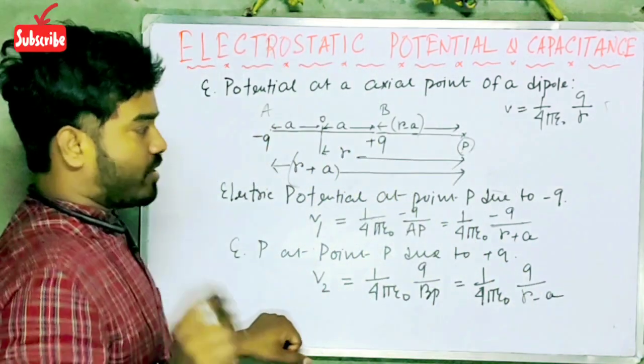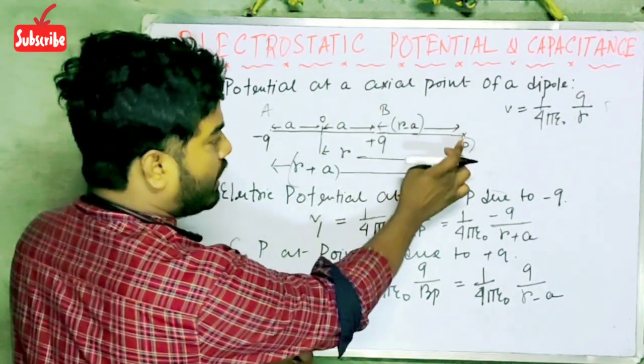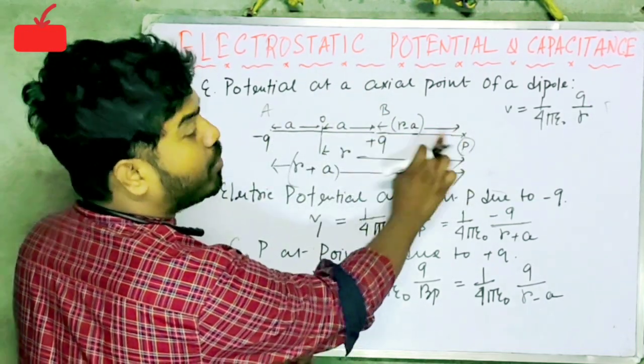Clear? So first we calculated electric potential at point P due to minus q charge, then due to plus q charge.